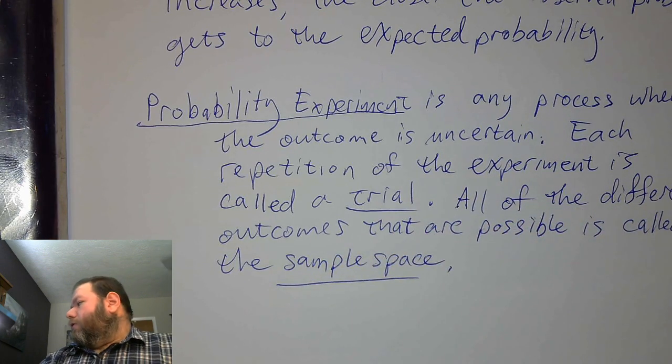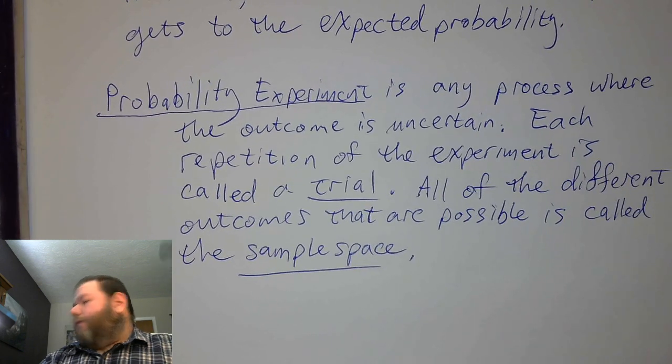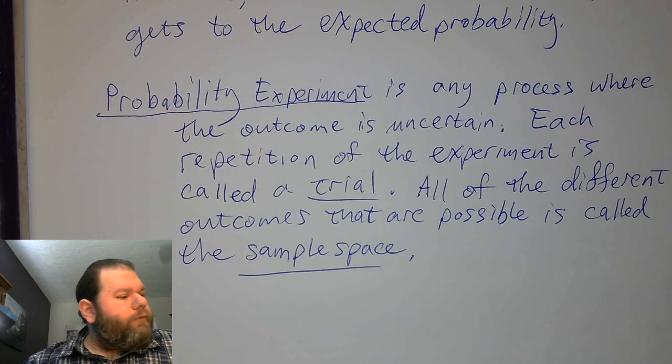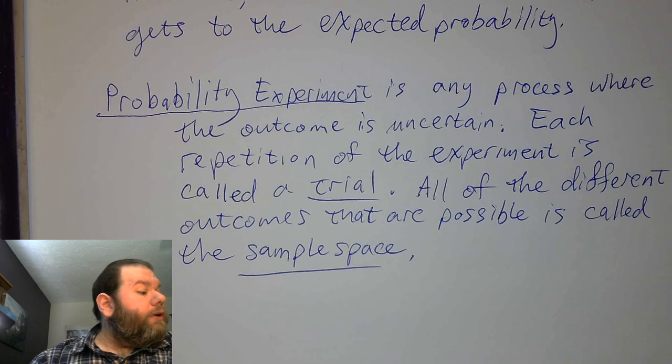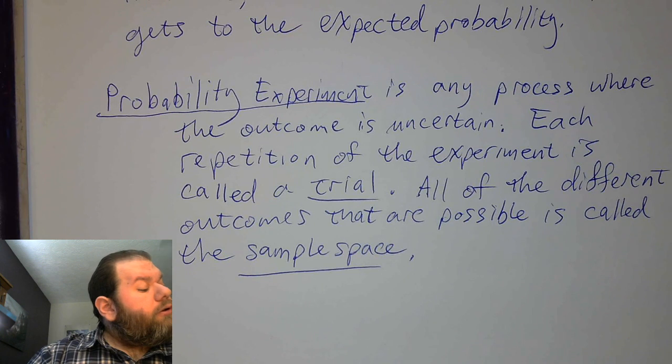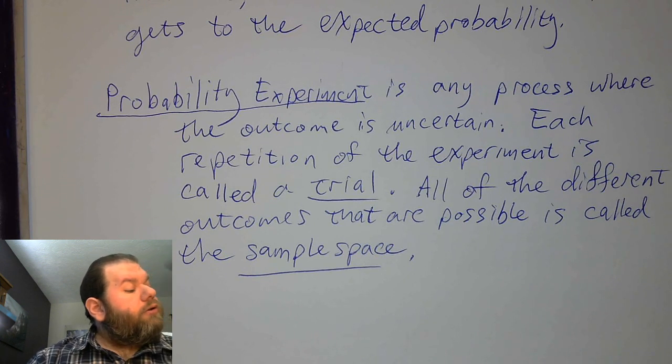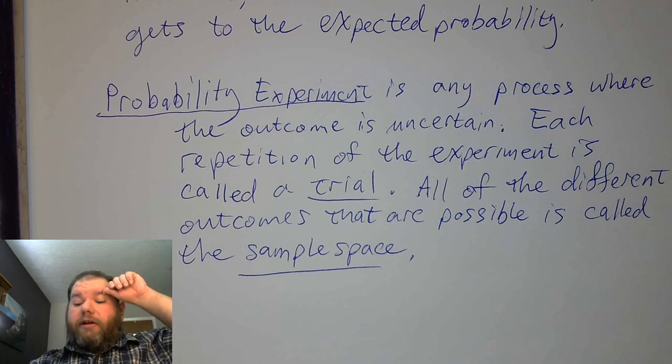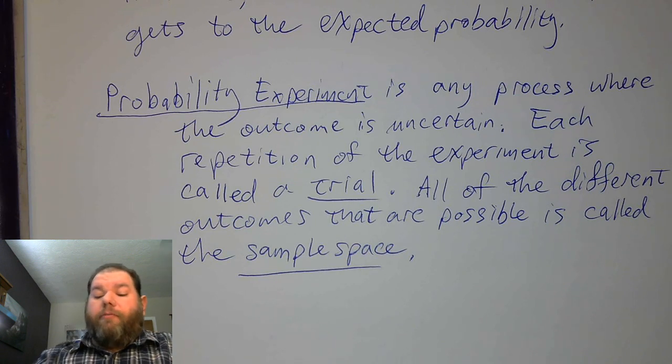Okay. So I've underlined our terminology words. And finally, an event. An event is any collection of outcomes from a probability experiment.